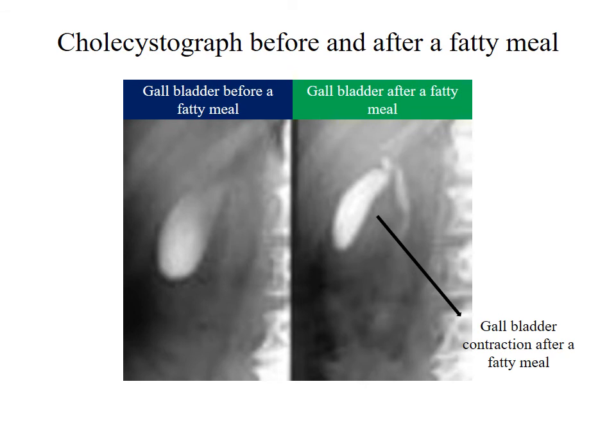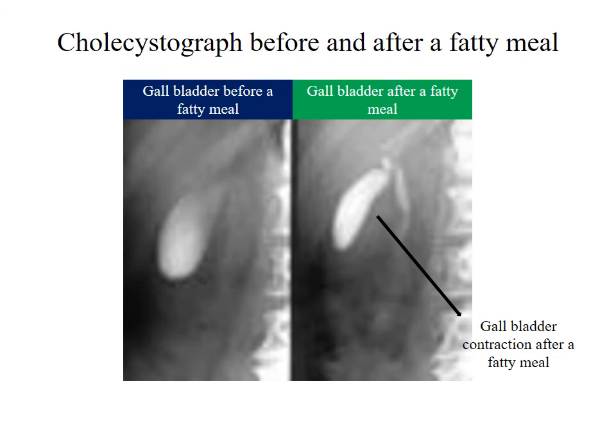So in this case, you can see the gallbladder after a fatty meal. What do you see? You can see that the size of the gallbladder is reduced. See here, the size is this much. Here the size is reduced, which means that the gallbladder has been squeezed. Gallbladder contraction takes place after the fatty meal.